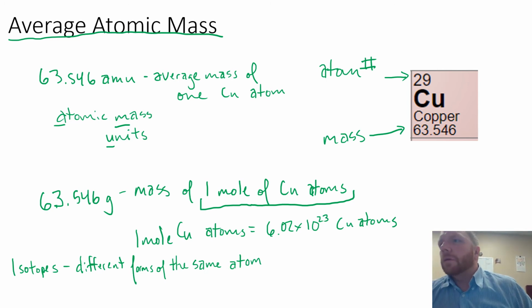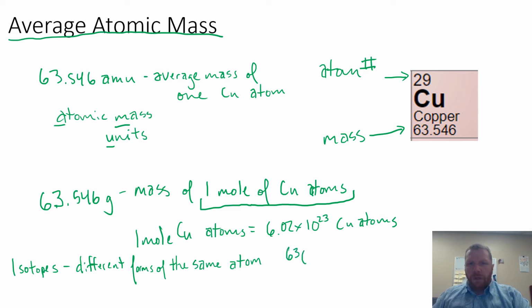Okay. Copper has a number of different isotopes. Copper, as an example, has a total of 4 different isotopes. So copper has 63 Cu, 64 Cu, 65 Cu, and 67 Cu. Those are all of the 4 different isotopes.